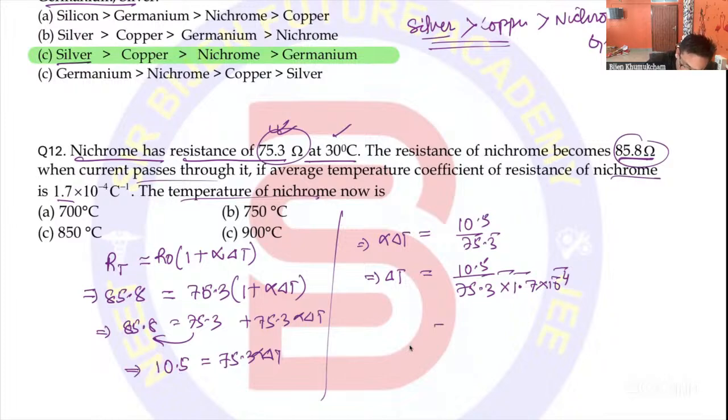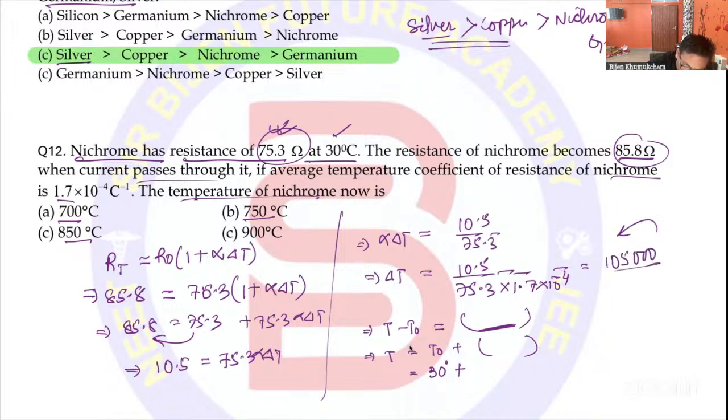Delta T is nothing but T minus T naught, so T will be equal to T naught plus this value. What will be the approximate value? T naught is 30. Let's see how we can handle this: 10.5 into 10 to the power 4. Let's put all these zeros here, so it will be 105,000 divided by 75.3 into 1.7.